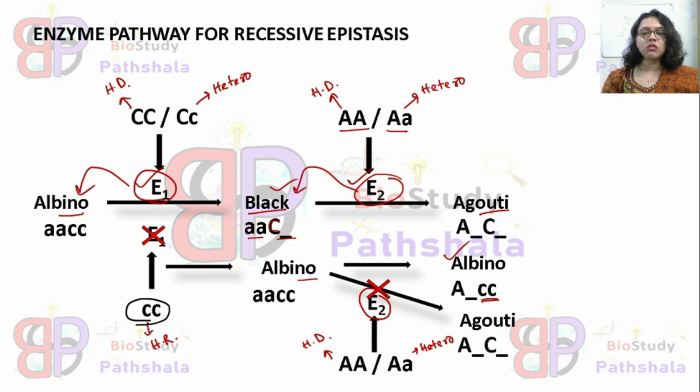So this is how the enzymatic pathway for recessive epistasis actually works. In today's episode, we have learned about recessive epistasis, the cross procedure of recessive epistasis, the phenotypic ratio and the enzymatic pathway of recessive epistasis.